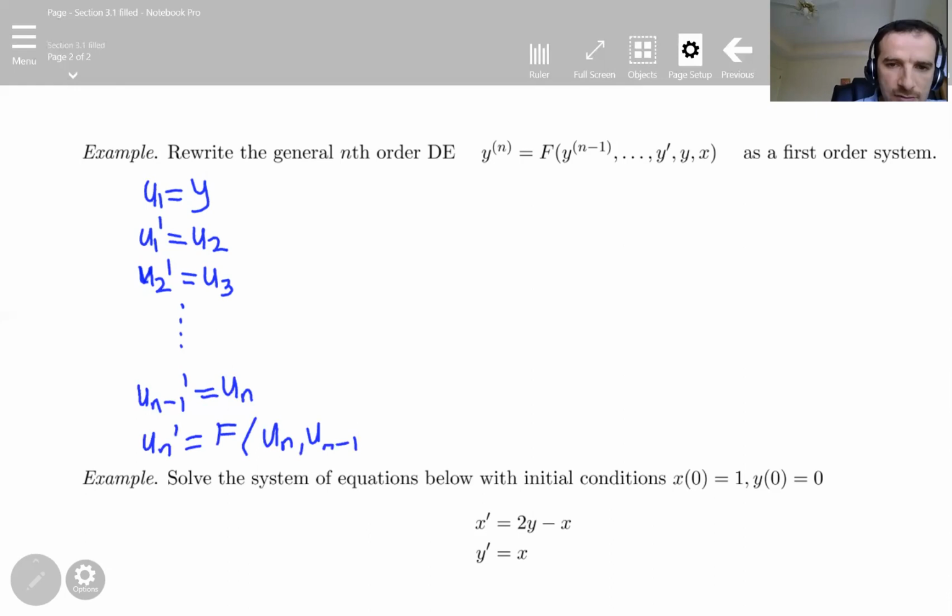It goes like that. I'm just plugging these values here, these unknowns u2, u1, and x.